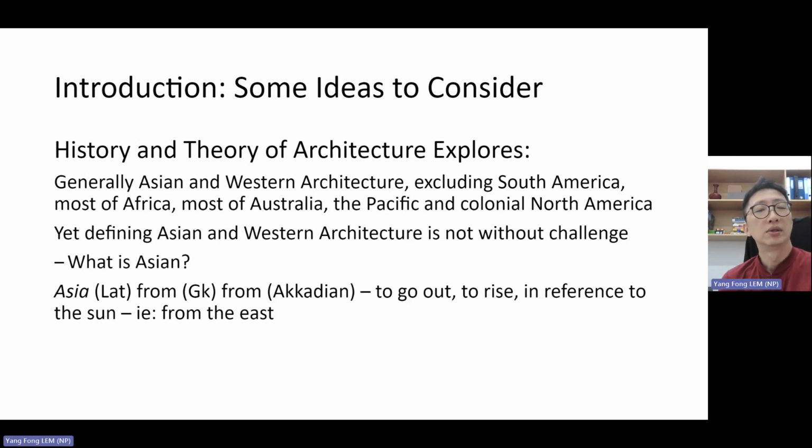Yep. So the history of theory of architecture explores generally Asian and Western architecture, right? It excludes South America, most of Africa, most of Australia, the Pacific, and colonial northern North America, right? Yet defining Asian and Western architecture is not without challenge. Because, for example, maybe the word Asian to you now means the Asian countries, like China, Japan, Southeast Asia, thereabouts.